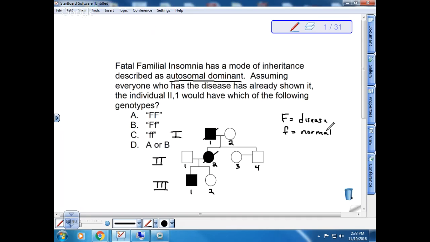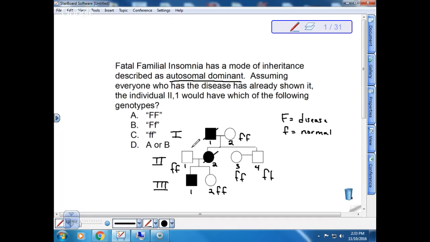C. Little f. So I could fill those in, little f, little f, little f, little f, okay? And so I look at what individual am I talking about? It's actually 2, 1, right? And so that would be that individual right there. And so the correct answer is C, okay?